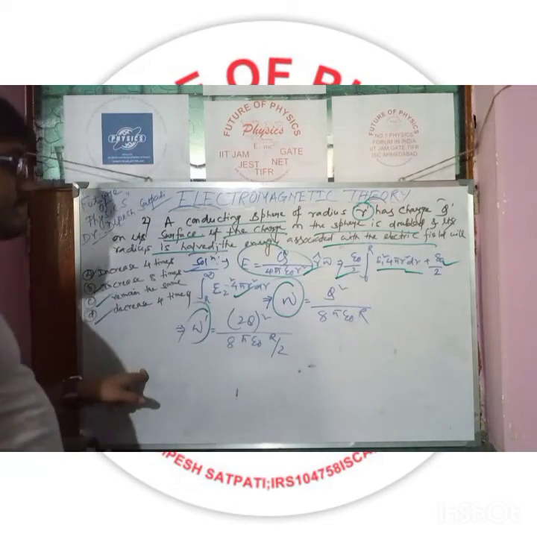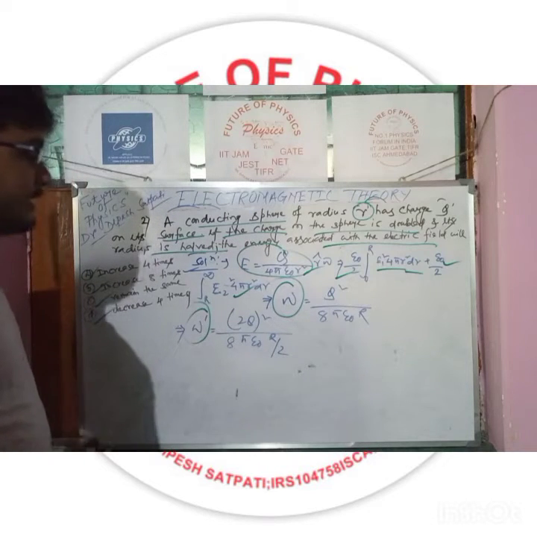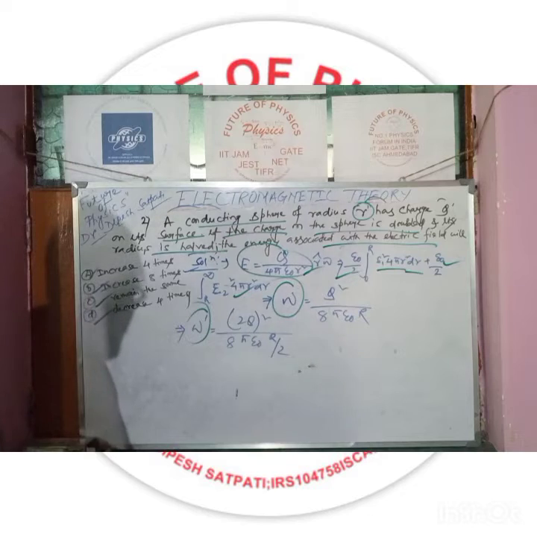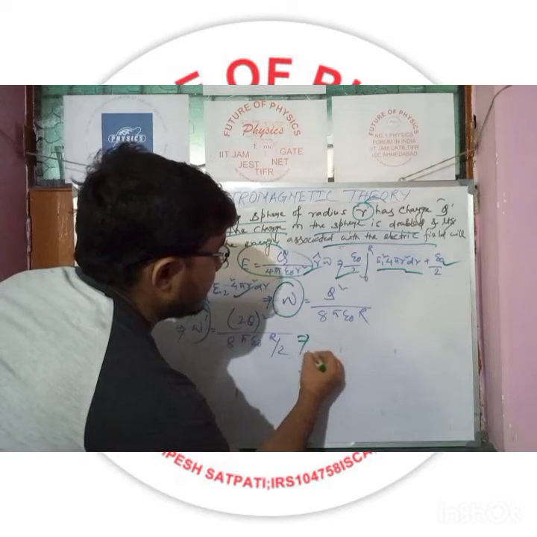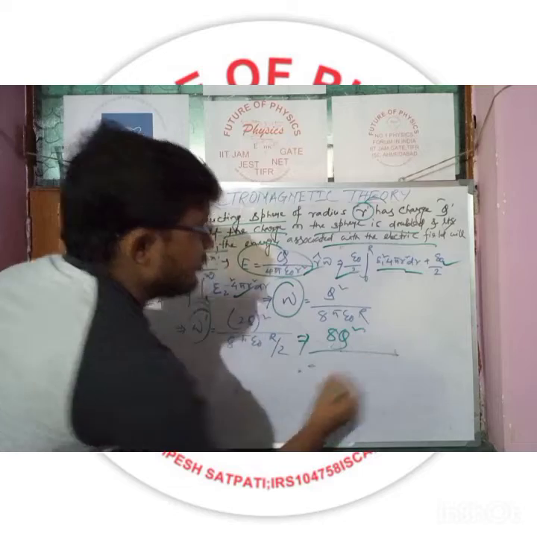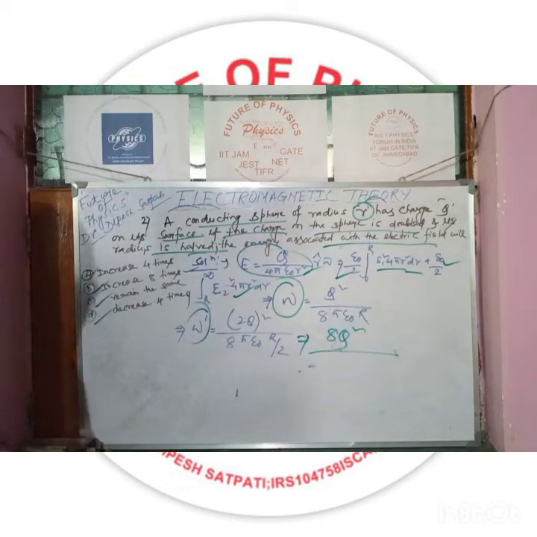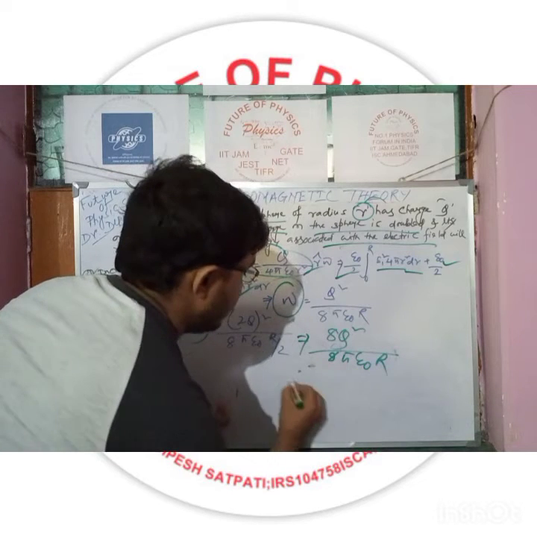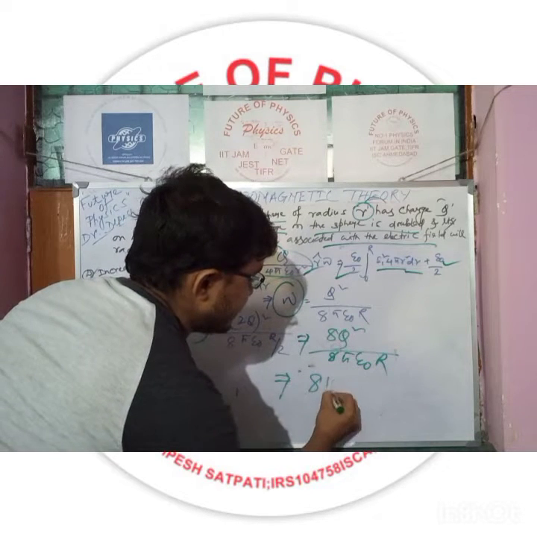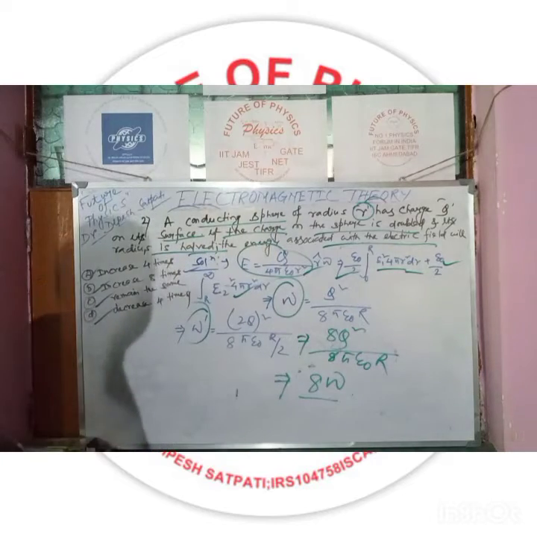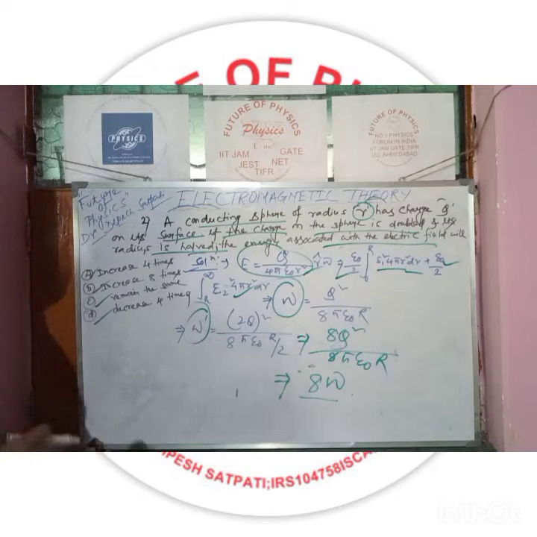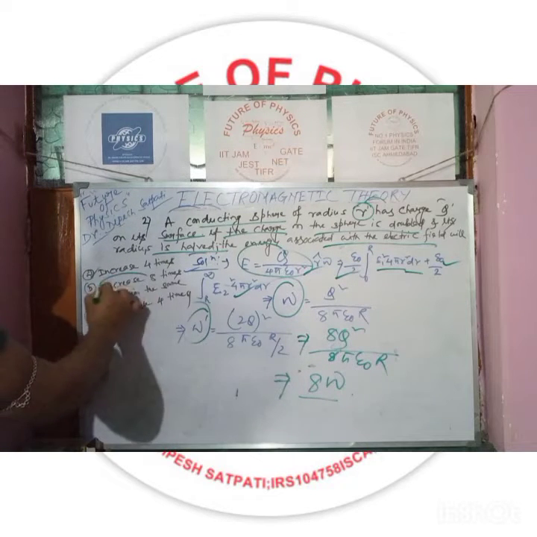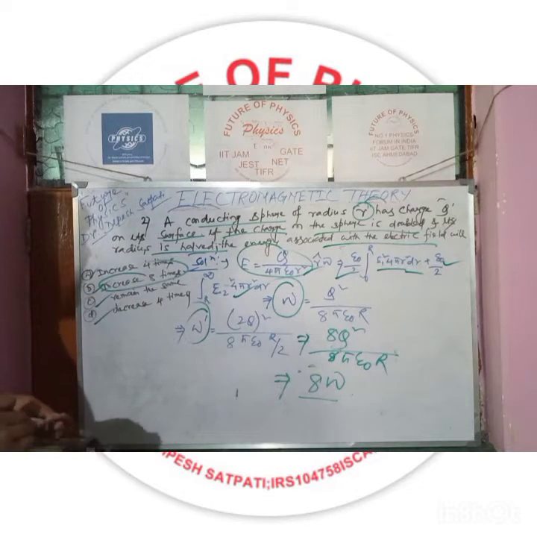Now W dash is equal to 2 q square divided by 8 pi epsilon 0 r by 2, that is 8 q square divided by 8 pi epsilon 0 r. Now the answer is 8 times. The right answer is increases 8 times.